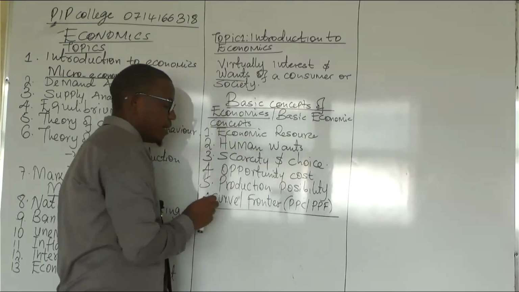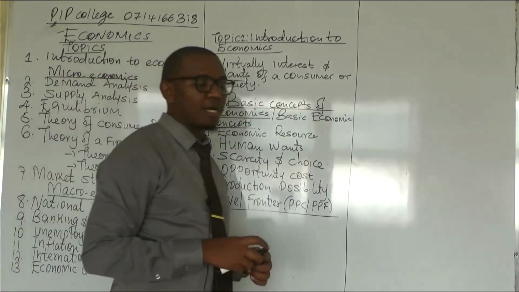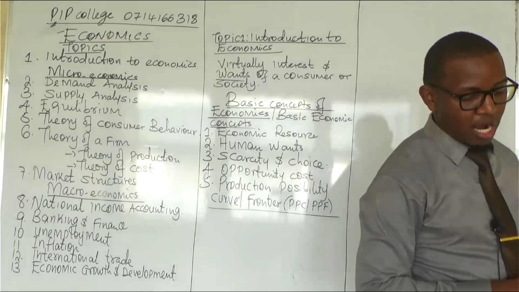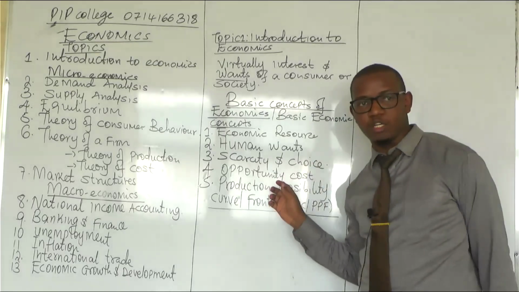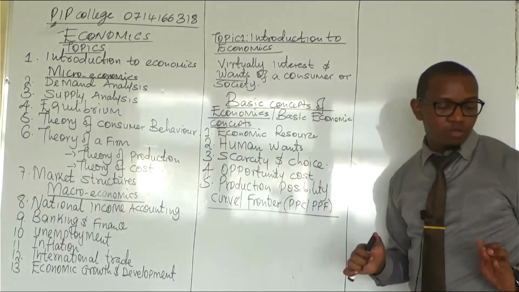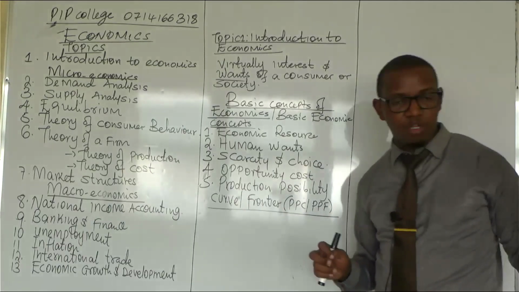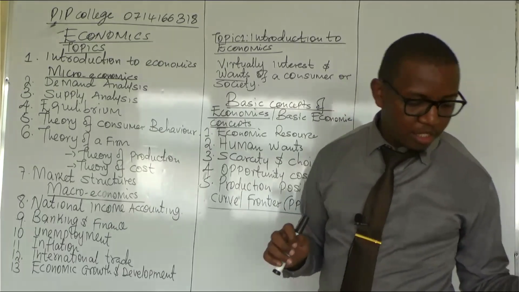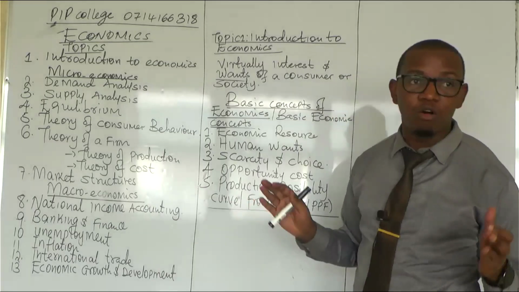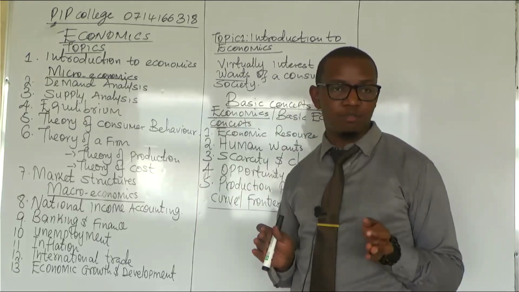Now, to explain the production possibility curve, generally it will arise out of what we call the opportunity cost. The opportunity cost of producing other commodities normally increases, which in this case will result in what we call the law of diminishing returns.